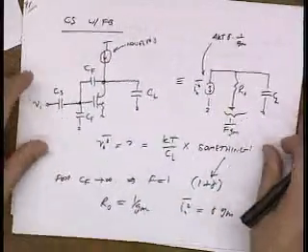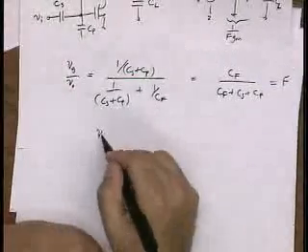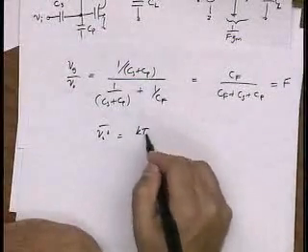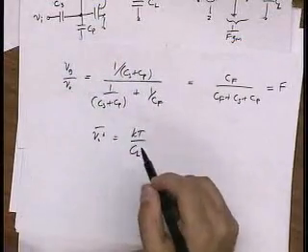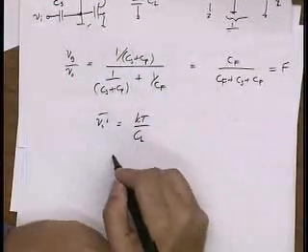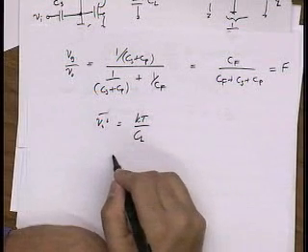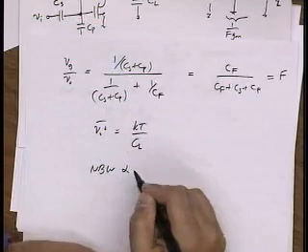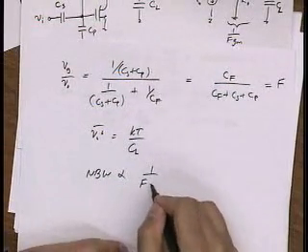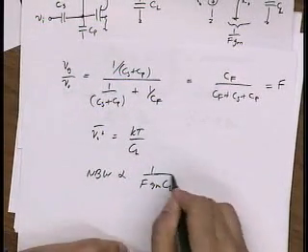So in other words, total output noise is KT over CL, and let me write it this way. The noise bandwidth is proportional to 1 over F GM CL.